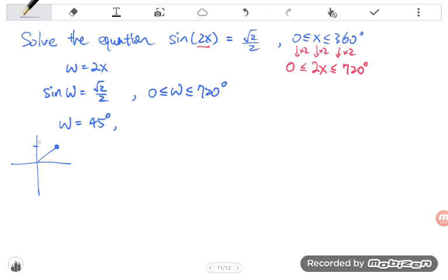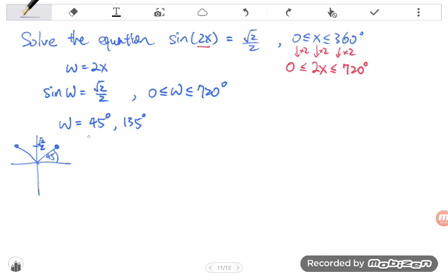That's going to give me a sine value, which is my y. My other angle that will have the same y value would be here, and that would be 180 minus 45, so that's 135 degrees. Both of these angles satisfy the boundary here. So they're both good, and in fact we can start turning them now.